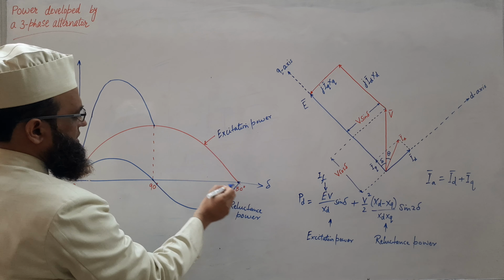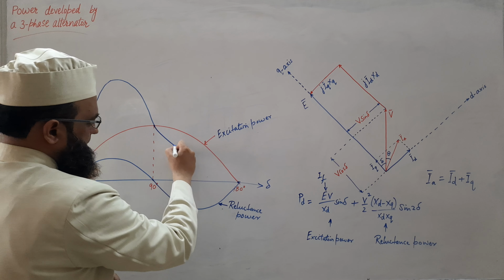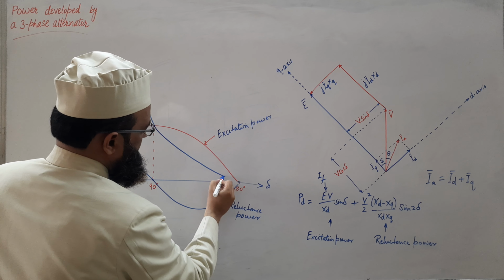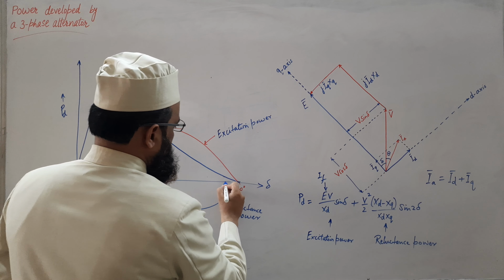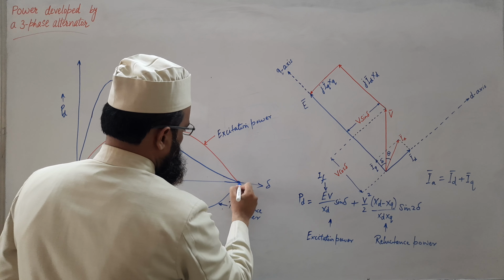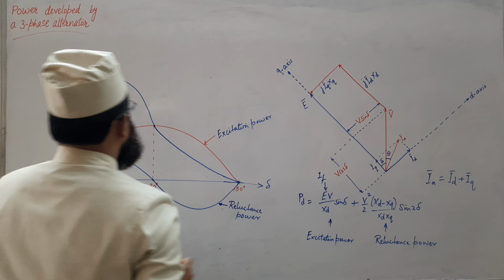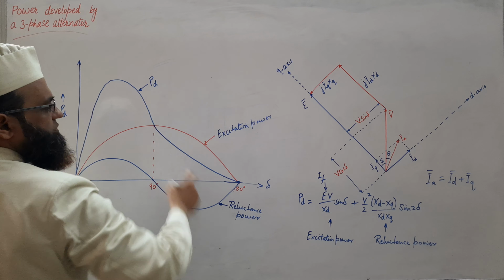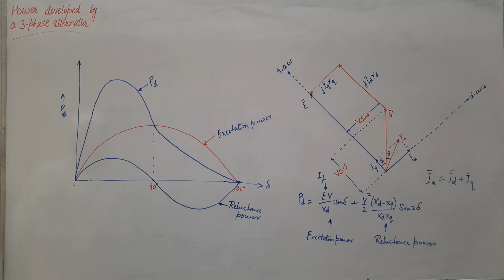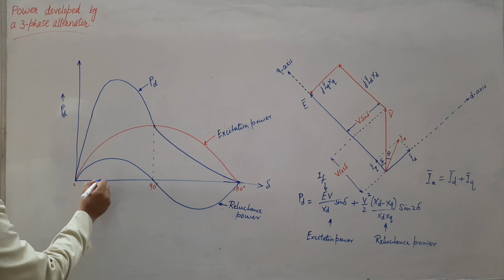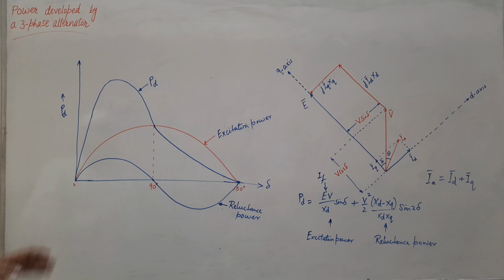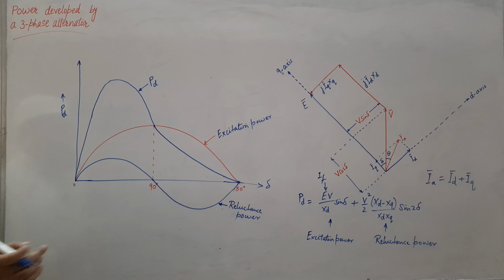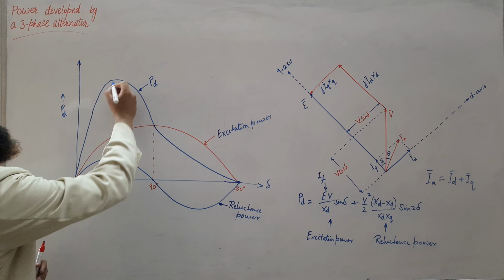So you may plot something like this, crossing here, fine. This is PD, this PD, total power. So you may observe that this developed power has its peak below 90 degrees.